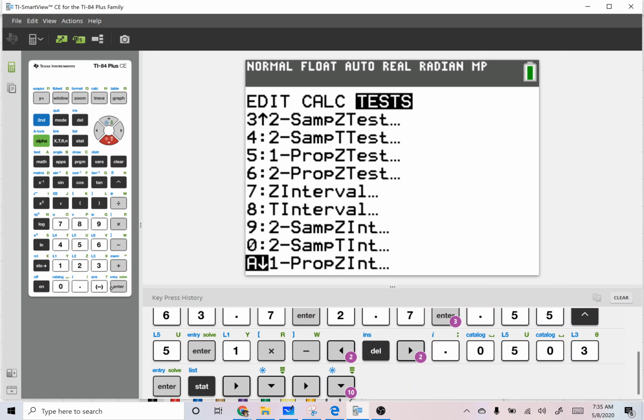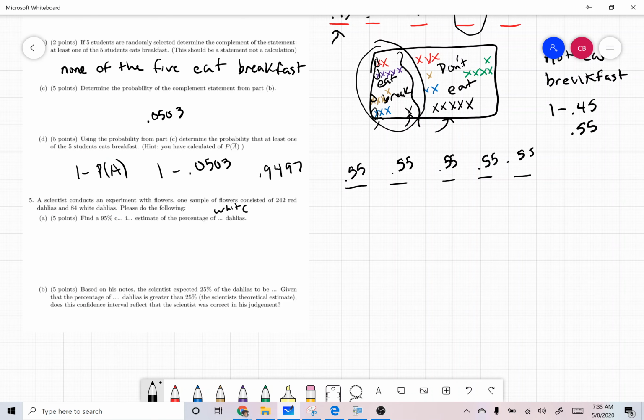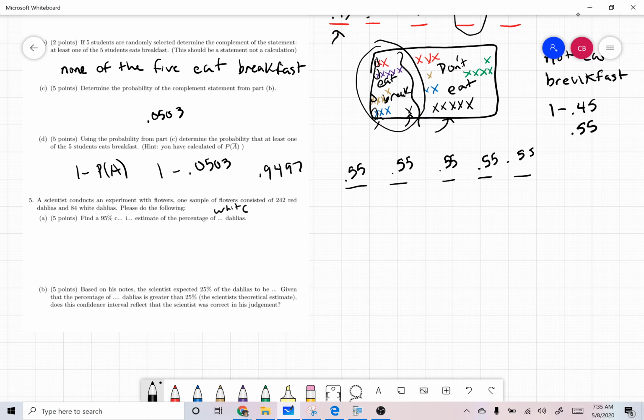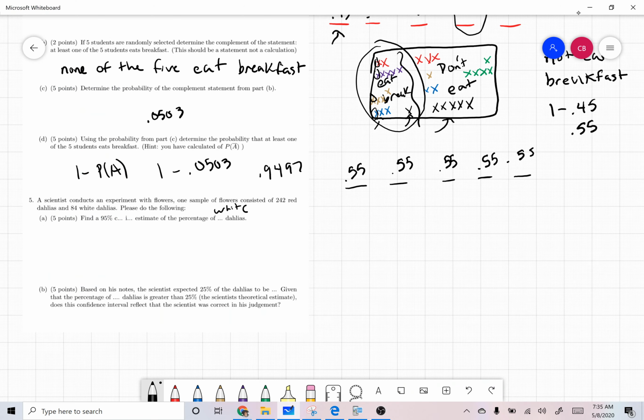So one prop z int. Since we want to know white, we need to know how many white ones there are. There are 84. Wrong one. For the next part, we need to know how many total there are. 84 plus 242.